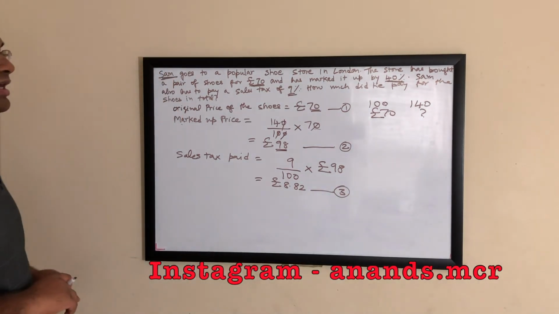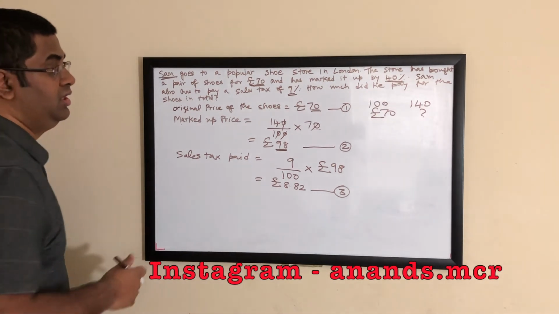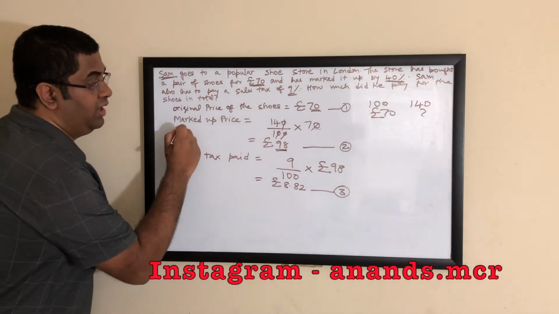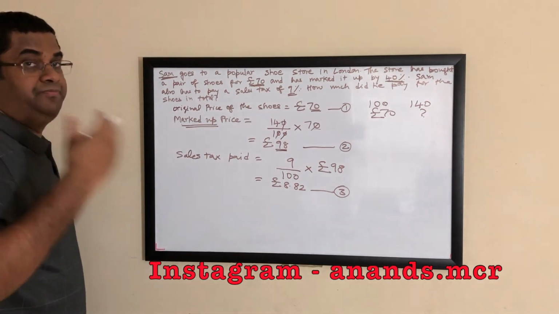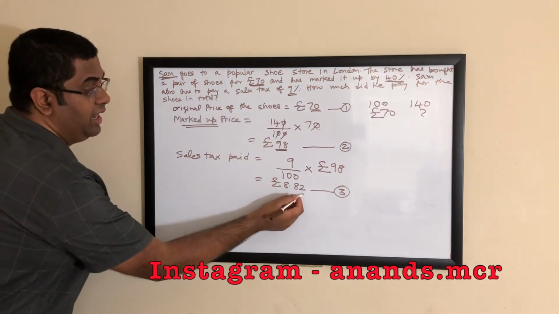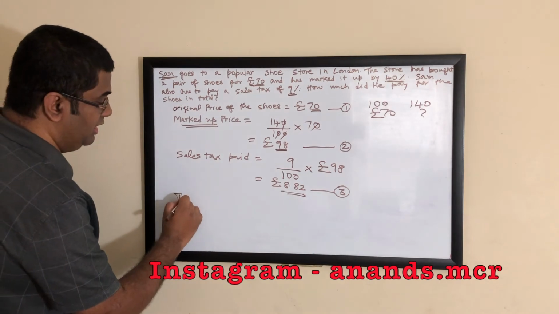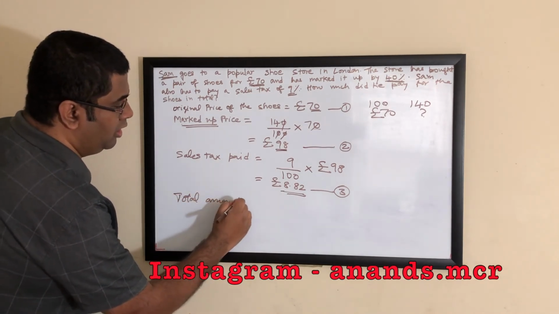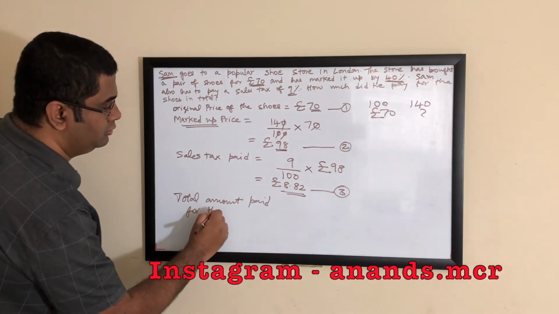Now, how do we calculate the total cost that Sam paid for the shoes? Basically, we have to add the marked up price that Sam paid for the shoes, and we also have to add the sales tax that he has paid. So let us call the last step the total amount paid for the shoes.